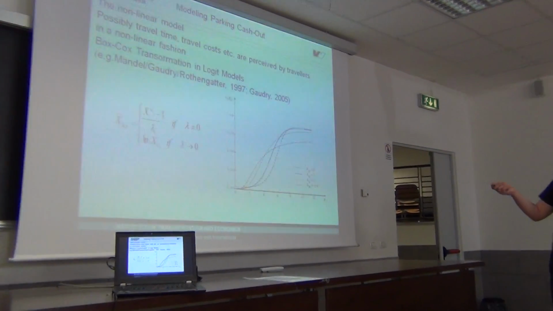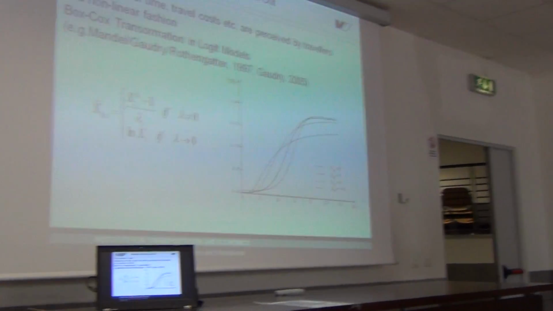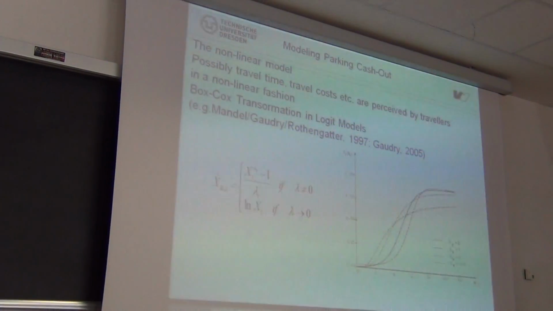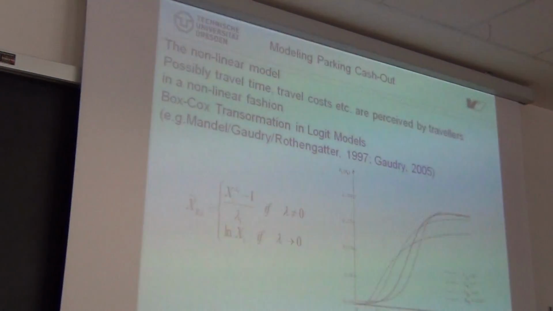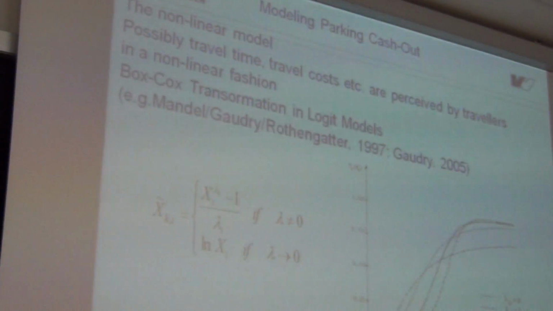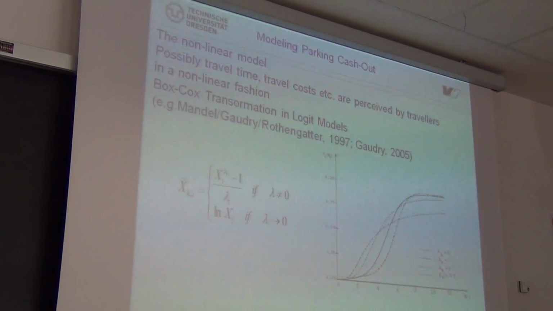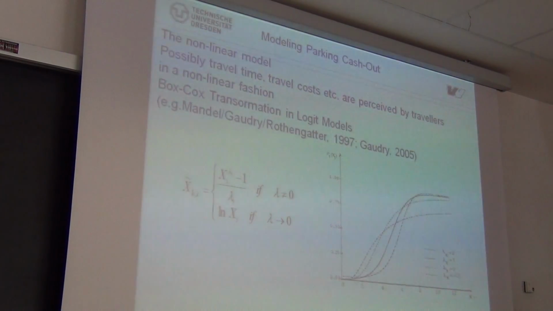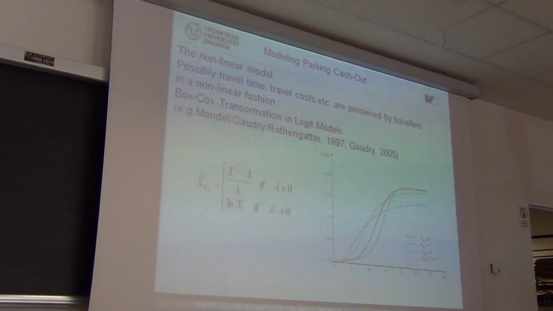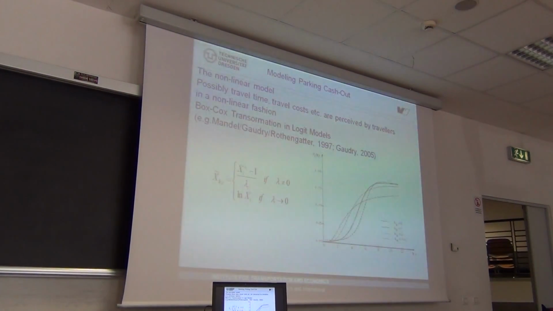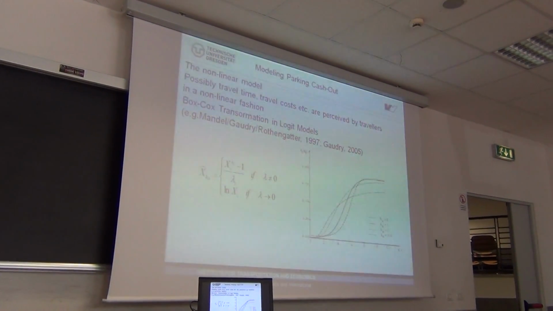So the other idea is to construct a nonlinear model. So we can do some kind of Box-Cox transformation, as for instance does Mandel, Gaudry, and Rottengatter, or Gaudry. No, you have already done the data acquisition on this. Yes.